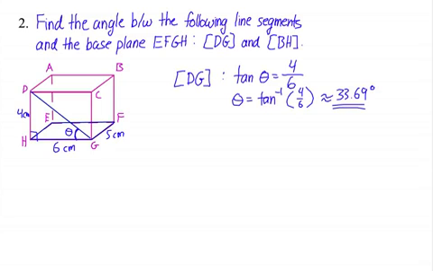For the second example, I need to find a projection, because the diagonal, or the line segment that I'm looking at, is BH. So if we draw the line segment BH, let's use a different color. BH is a diagonal that's cutting across the center of the cube from one corner to the opposite bottom corner.